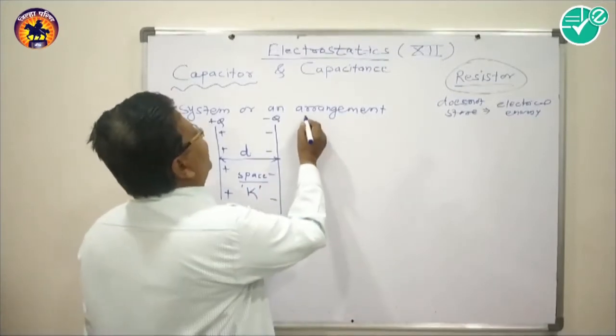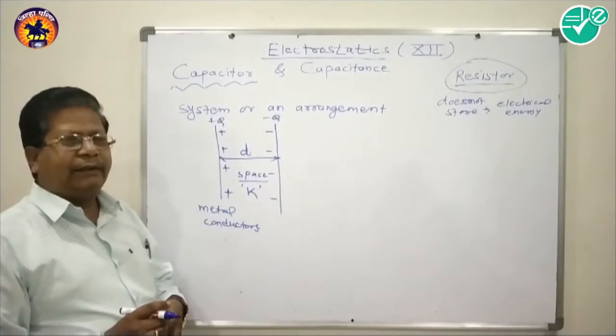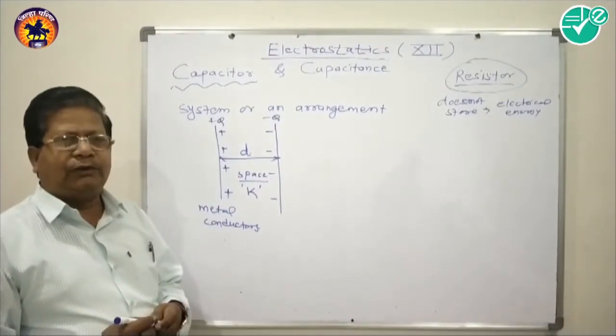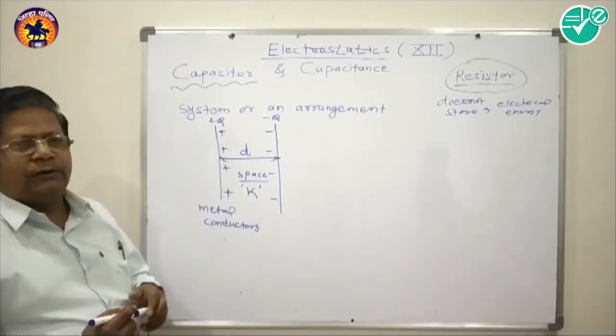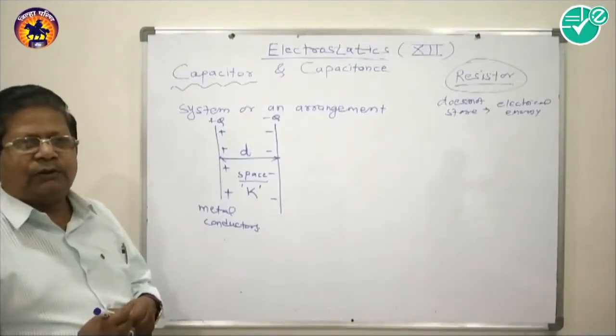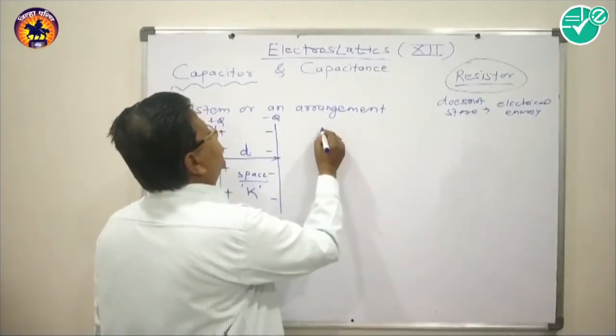So in this arrangement, the magnitude of charge on either plate of the conductor is Q, and due to this charge which is deposited on the metal plate, its potential increases.